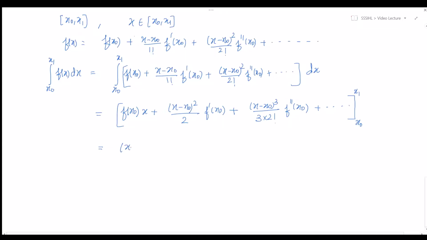So in the first term we get (x1 minus x naught) into f of x naught, plus the second term, whose lower limit is 0.